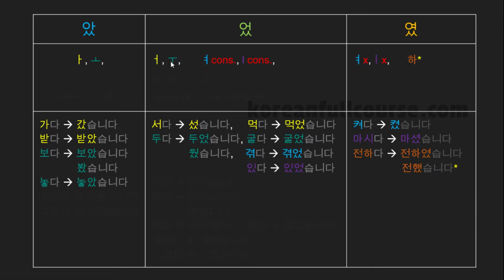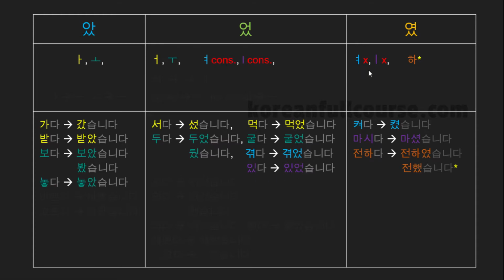And if the last vowel is u, eo, or i followed by a consonant, for example 겪다 and 있다, in all these cases use the suffix 었. 서다, 섰습니다. 먹다, 먹었습니다. 두다, 두었습니다. 굴다, 굴었습니다. 겪다, 겪었습니다. 있다, 있었습니다.